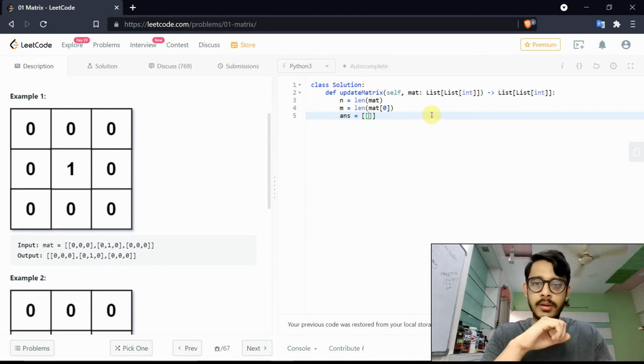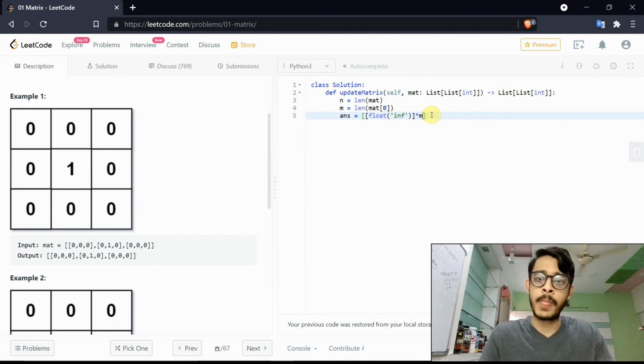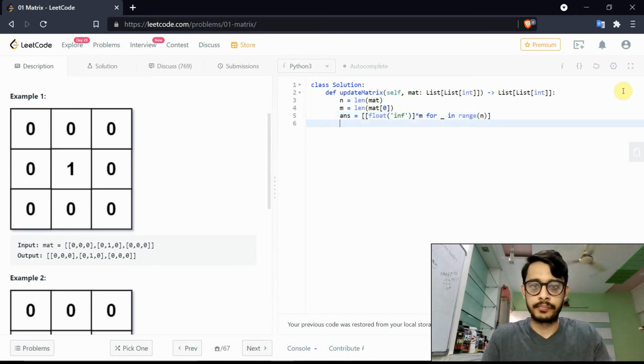We're going to initialize things with float of positive infinity, and we'll do this m times here. So that will cover the length of a particular row. And then we'll go column number of times, so for underscore in range of n. This should create the ans matrix.